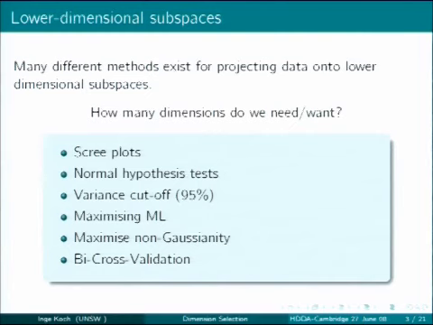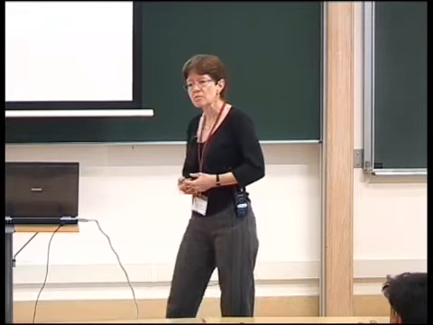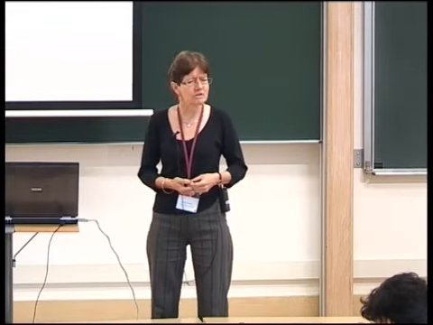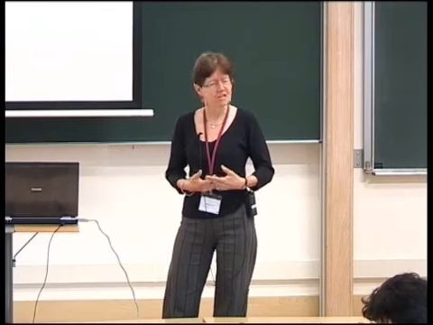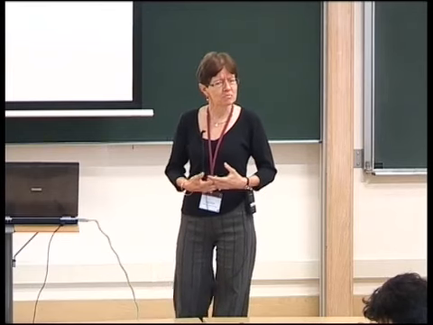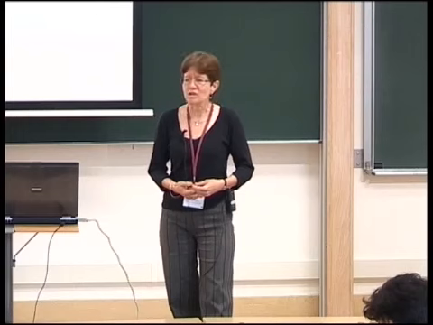A method that is currently used very frequently is what I just called the 95% variance cutoff. Most of you who've worked with data will know that many people stop looking at the data and the number of components when they've reached about 95% of total variance. Some people in finance said to me, well, sometimes we go to 97.5% because that's a little bit better, but basically we stop when we reach about that sort of number.